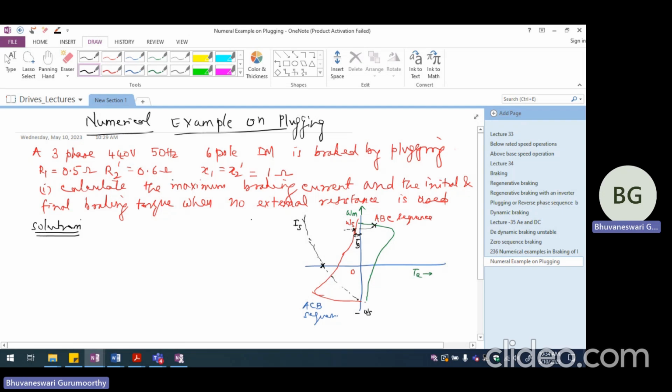So if we are looking at no load condition: calculate the maximum braking current and initial and final braking torque when no external resistance is used and motor was running at no load speed. No load condition means we are going to assume that the speed is synchronous speed.